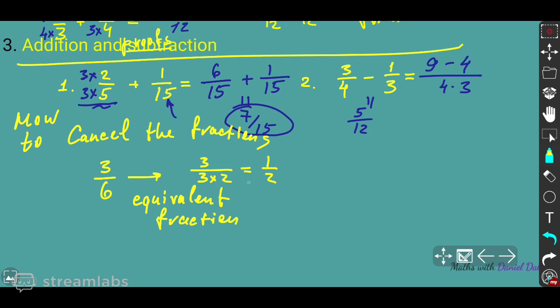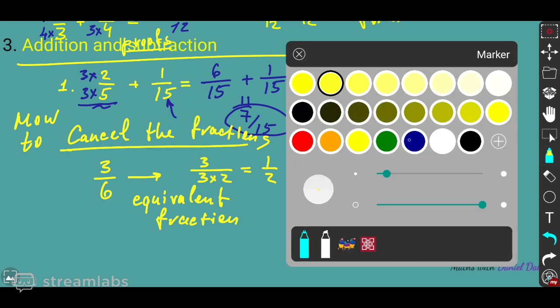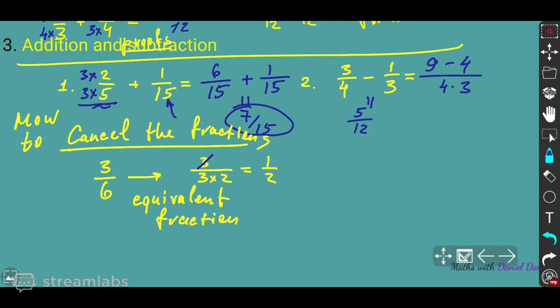However, right now, we simply do simplification. We do canceling. Cancel means to take away or cross out two numbers that are the same, that stay on the top and in the bottom of the fraction. So we take away.